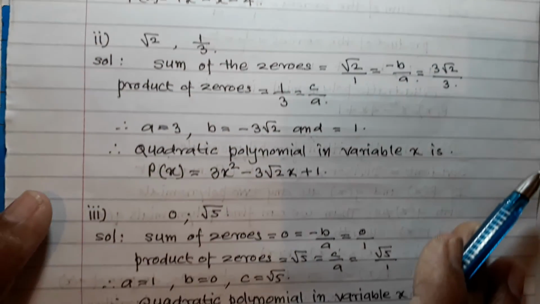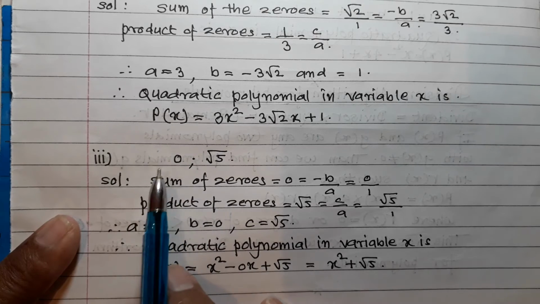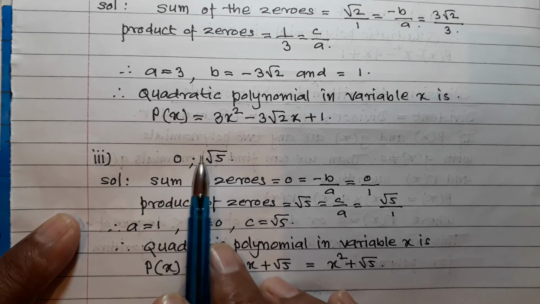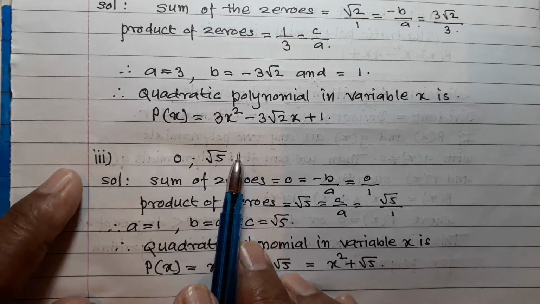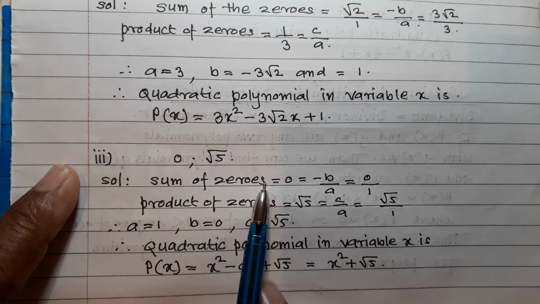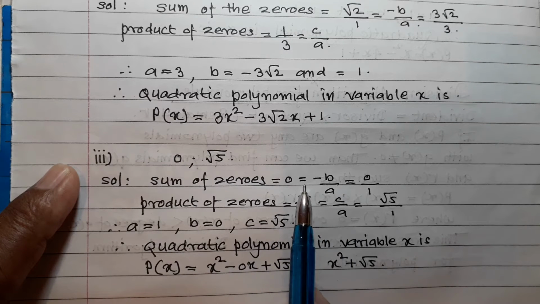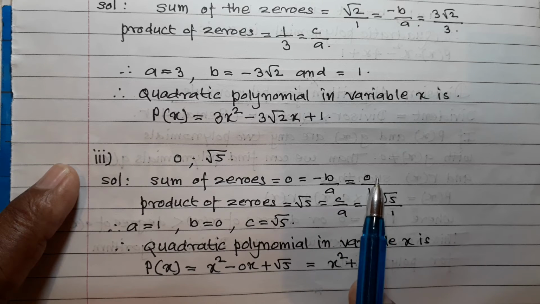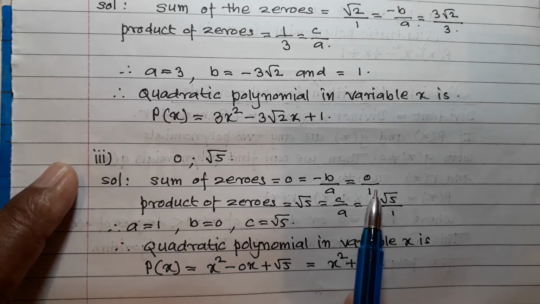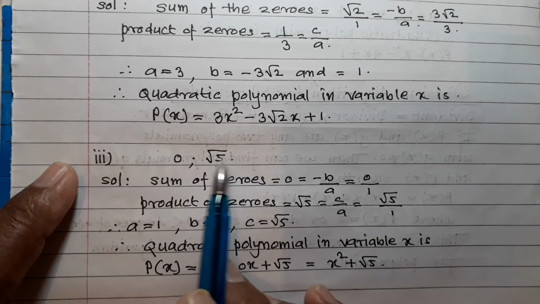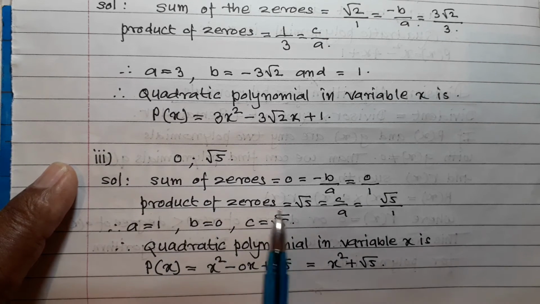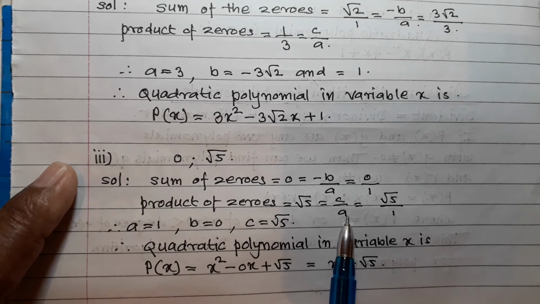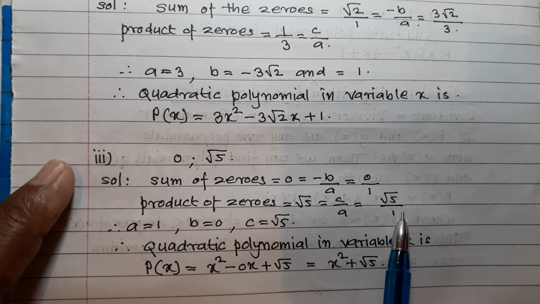Okay. Question number 3. Sum of the zeros is equal to 0 and product of the zeros is equal to root 5 given. So solution, sum of the zeros is equal to 0 is equal to minus b upon a is equal to 0 upon 1. Okay, because here the denominator is 1. So product of zeros is equal to root 5, so is equal to c upon a is equal to root 5 upon 1.